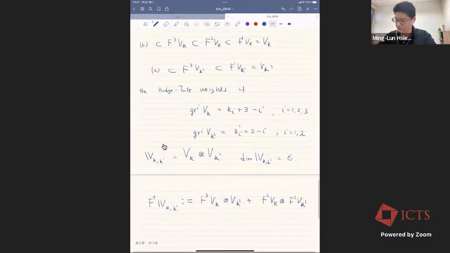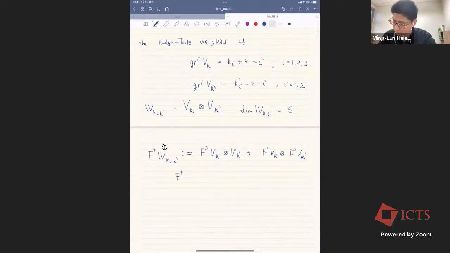This is a G_{K_p} invariant subspace, and the dimension is 3.